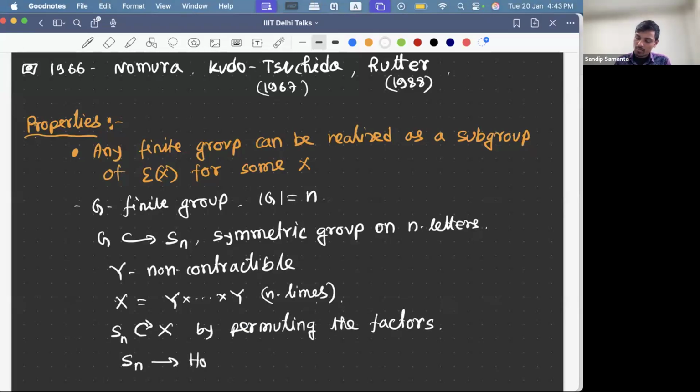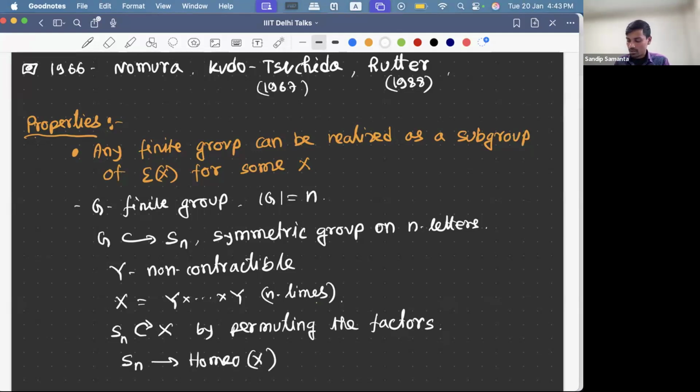and permuting the factors is again a homeomorphism, because if we permute the factors, the corresponding sigma inverse does the reverse thing and gives the identity map. So S_n sits inside the homeomorphism group of X, just by the action itself.